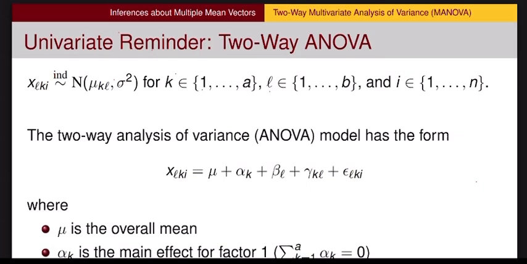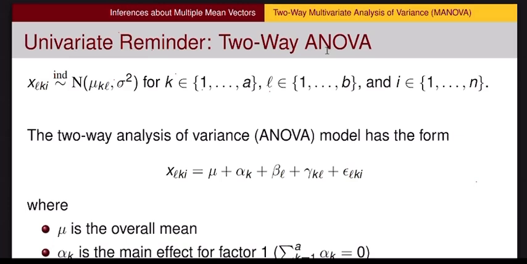Okay, we look at understanding univariate, then we're going to have an extension on that, and we now consider multivariate. Now, in the univariate, when you have two-way ANOVA, I'm going to use the example that I used the other time. Maybe I'm looking at the effects of two categorical factors.